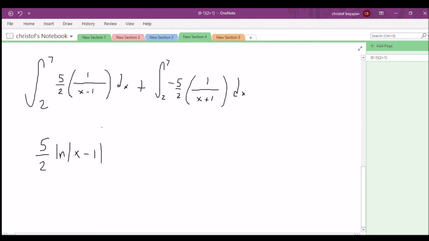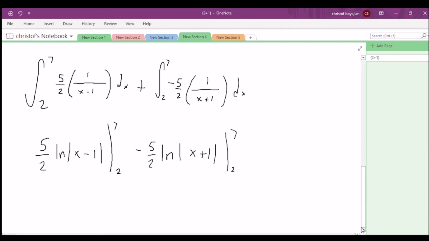And let's evaluate this at 2 to 7. And over here, we have minus 5 over 2 off to the sidelines, and we're going to have a natural log of x plus 1 when we integrate, evaluated from 2 to 7.